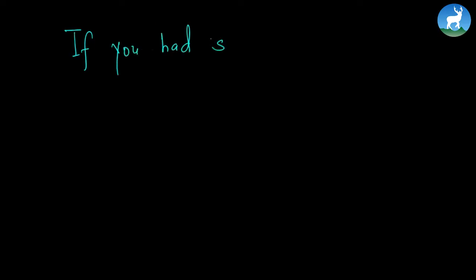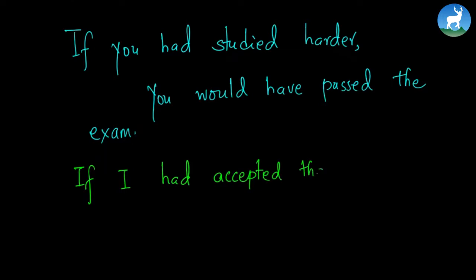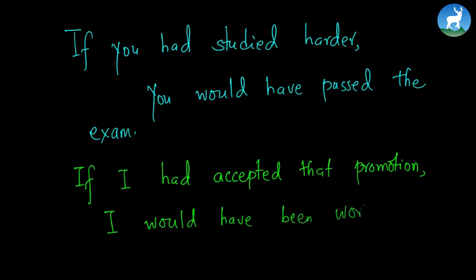If you had studied harder, comma, you would have passed the exam. So let me write another example too. If I had accepted that promotion, comma, I would have been working in Kathmandu.